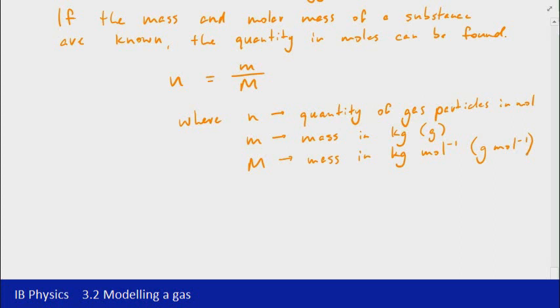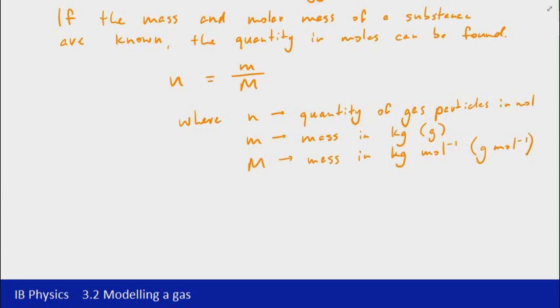If you know the molar mass of oxygen gas is 32 grams per mole, then you can easily identify that if you've got 3 moles, then you need to multiply 32 by 3. If you've got 10 moles, then it's going to be 320 grams. So, like I say, again, not a particularly complicated relationship. It's just common sense, really, if you stop and think about it for a second.